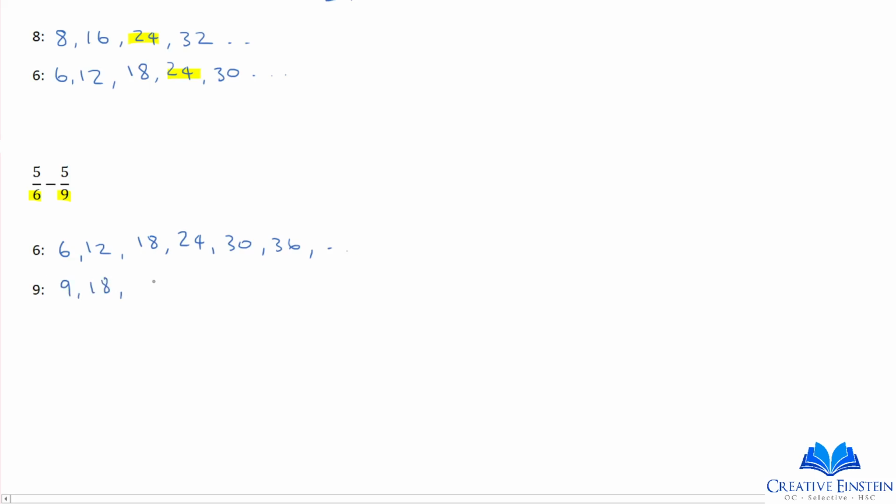Multiples of 9: 9, 18, 27, 36, and so on. We've got 18 and 36 already. But again, remember, we're only interested in the lowest number. So our lowest number is 18, which means our new denominator is going to be 18.